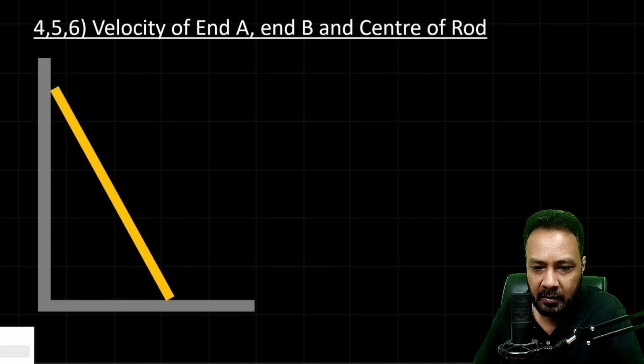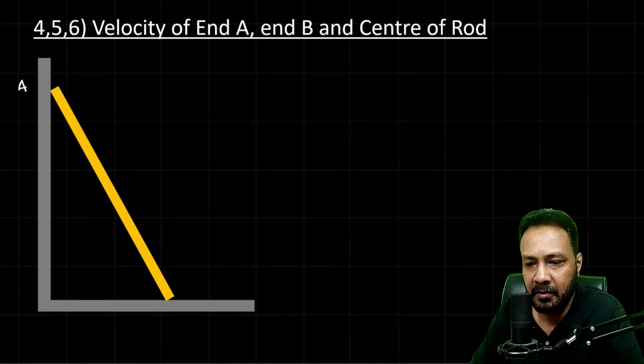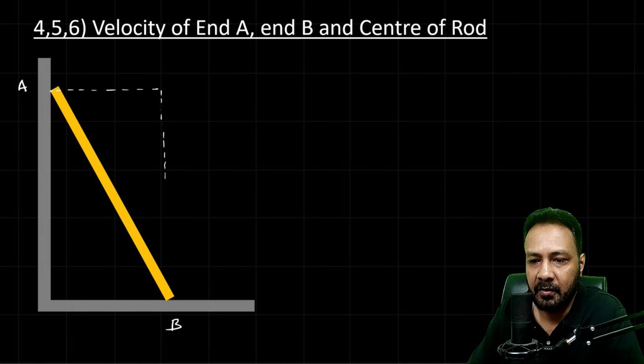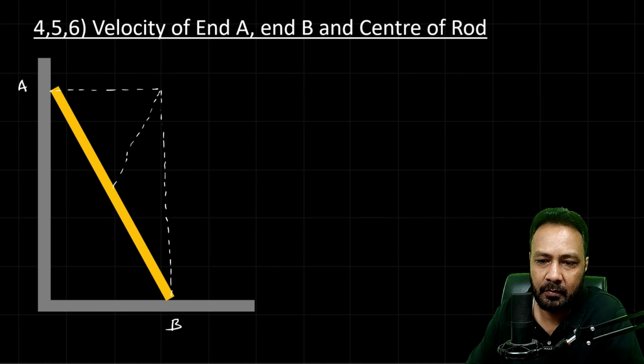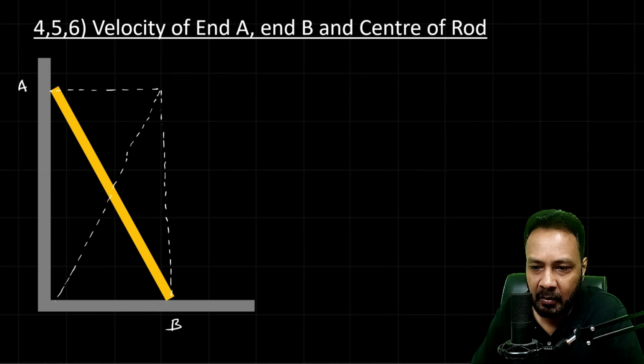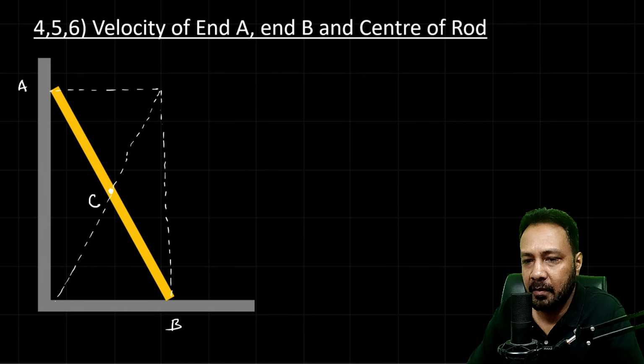Once again, this is end A, this is end B, and here is the IAOR. If I join this from the origin, the intersection point of floor and wall, that has to be obviously the center. And this is the IAOR.